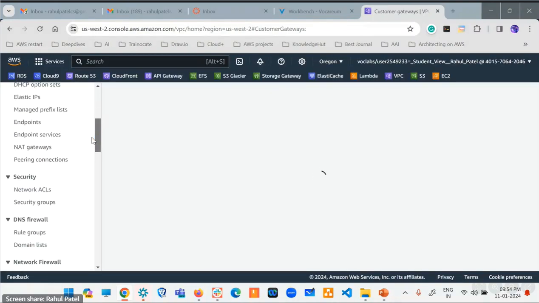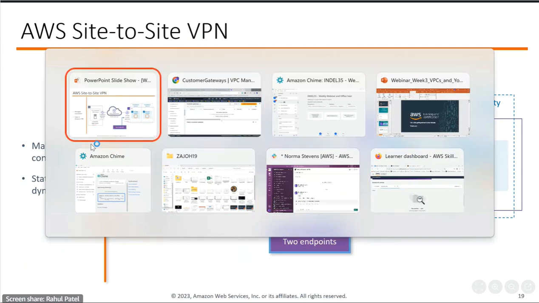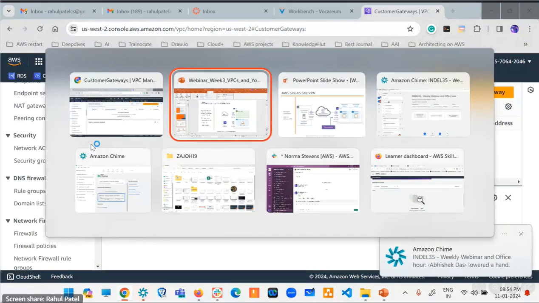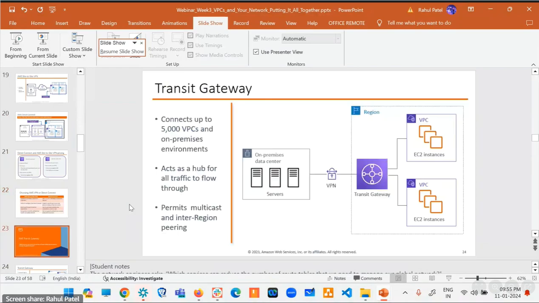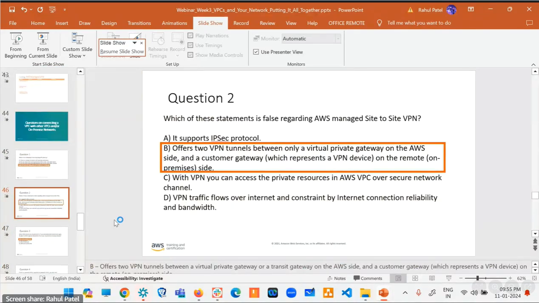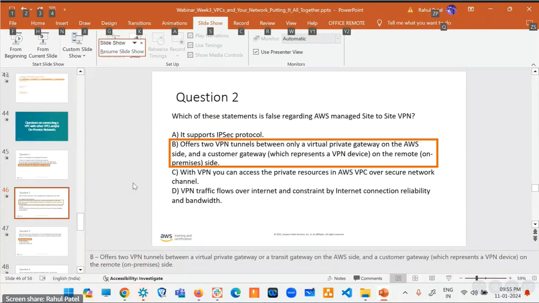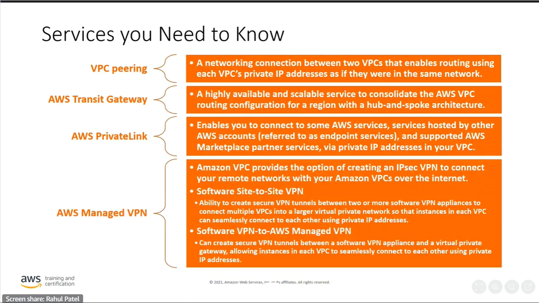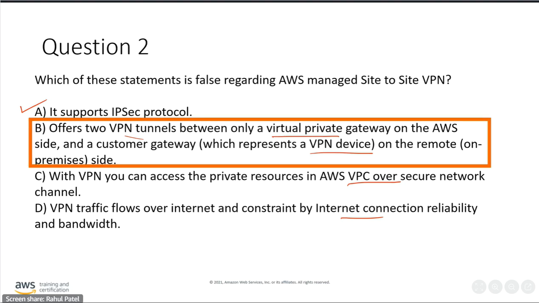So how is it false in that case? In that question, it is AWS managed site-to-site VPN.